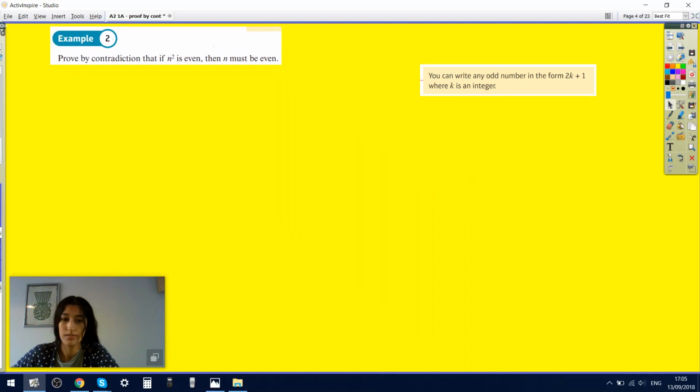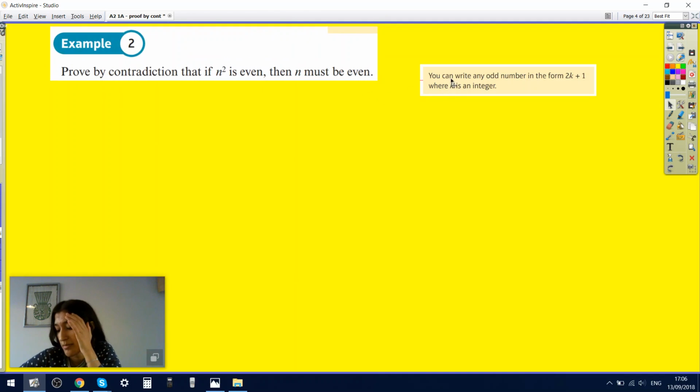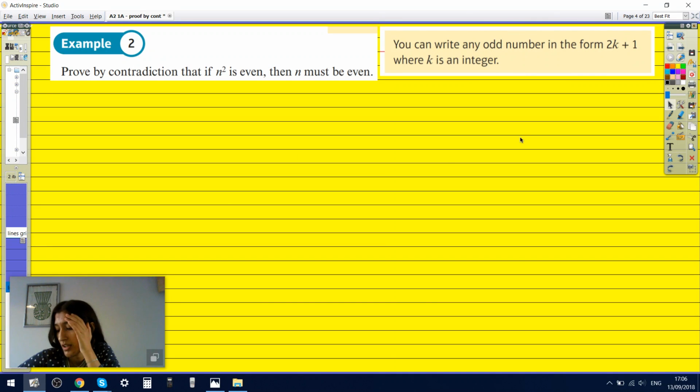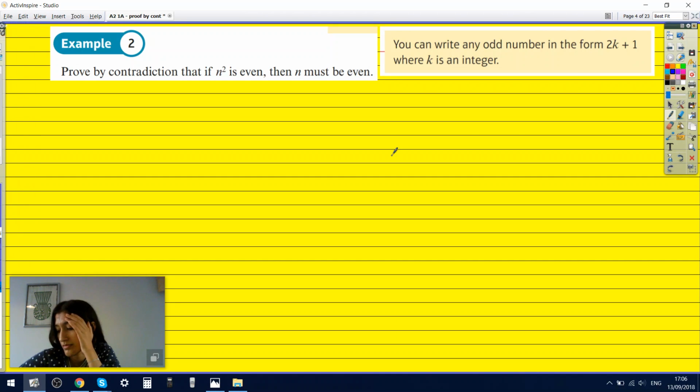Okay, let's try this one. If n squared is even, then n must be even. So do we write the negation statement? Saying that if n squared is even, then n may be odd. Yeah.